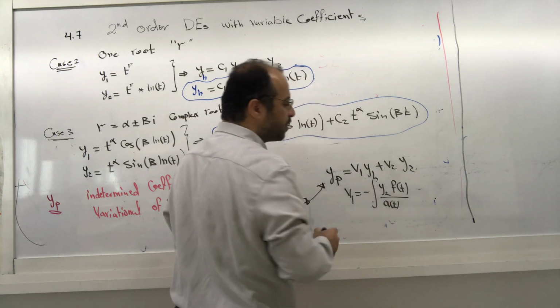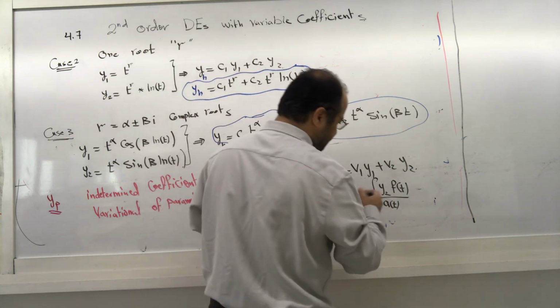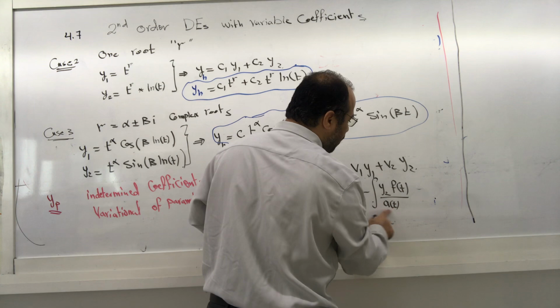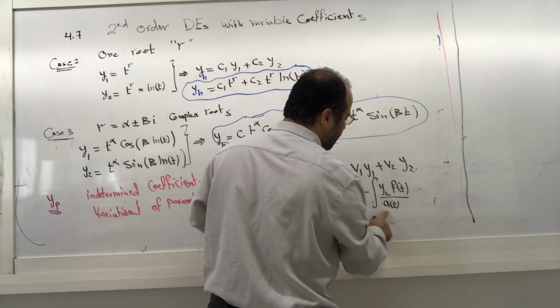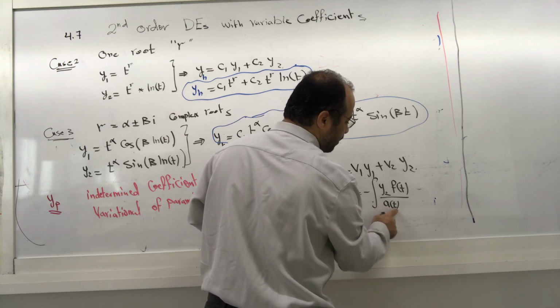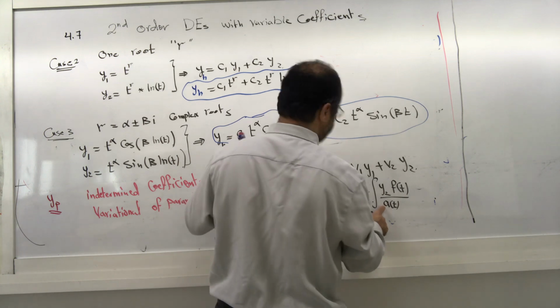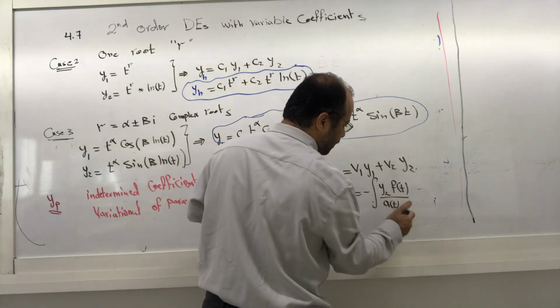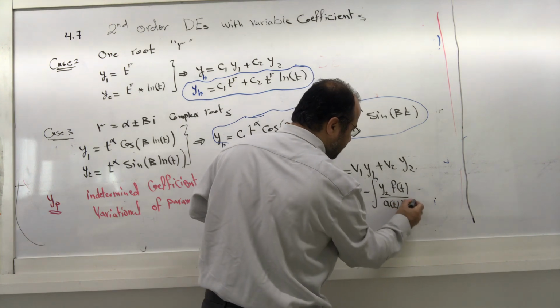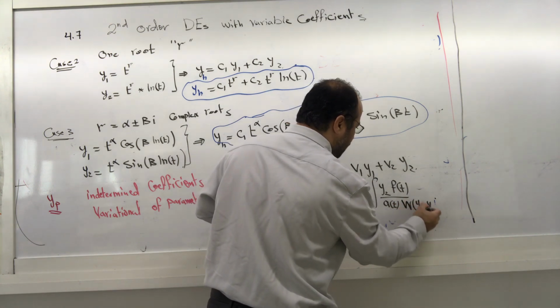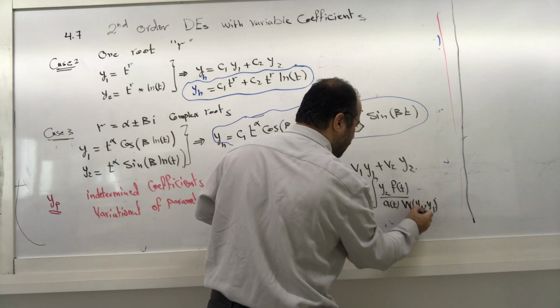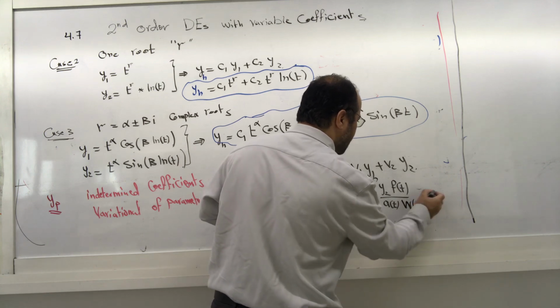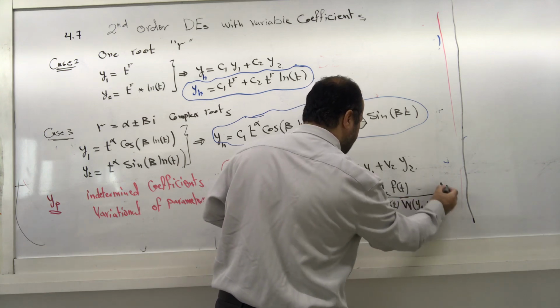Because it is a function of t, I'm going to write a of t, since it is not the constant a; it is the whole coefficient of t squared. And here the Wronskian of y1, y2, doesn't matter, and then we have dt.